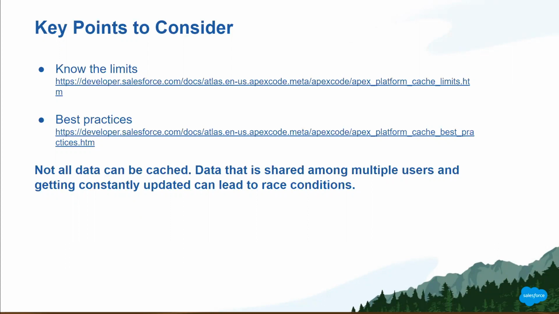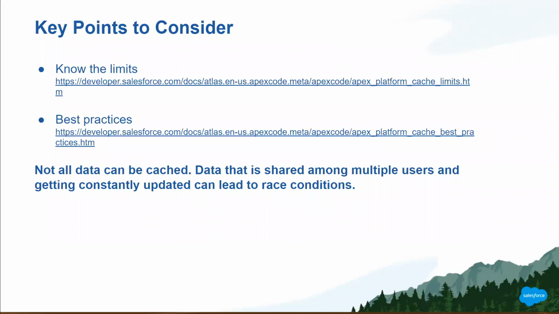It might be the case that you pick up the data stored by a previous user. So there are specific use cases where you can use platform cache, and there it needs to be used and the performance gets increased.